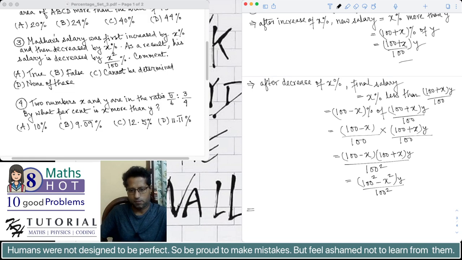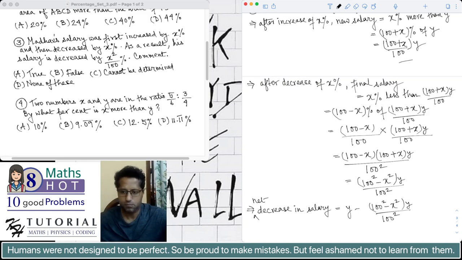This implies net decrease in salary will be the original salary Y minus the final salary, 100 square minus X square multiplied by Y divided by 100 square.